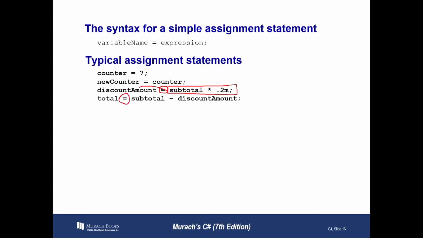This means assignment. Okay, this is not the same as equal. And I think I've talked about this before, but this does not mean technically that total is equal to this. What this really means is take everything on this side, get a result from that, and then assign the result.